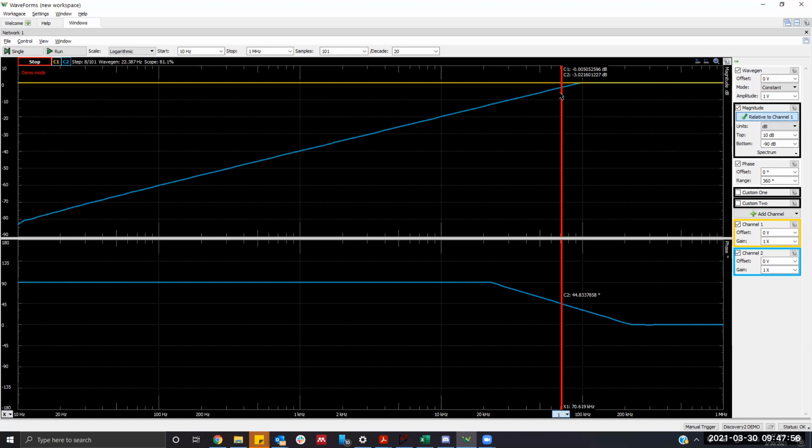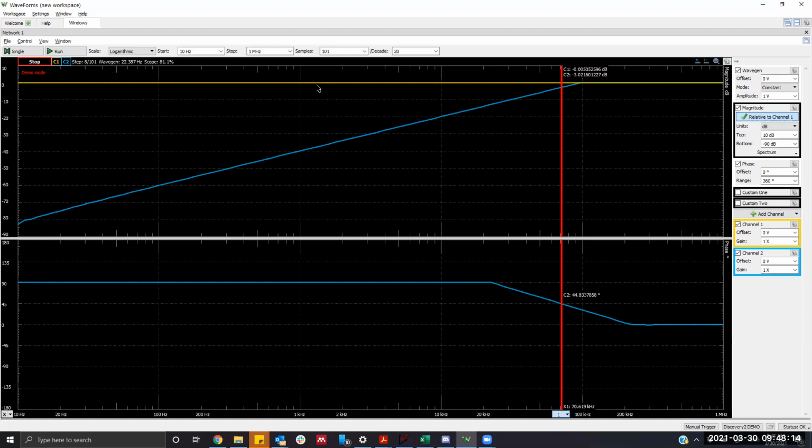Okay, but the key thing to get right when doing this measurement is that C1, channel 1, must be the input of the system that you're trying to characterize, and C2 must be the output.